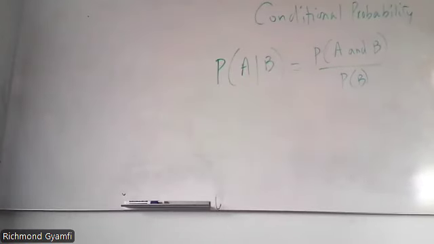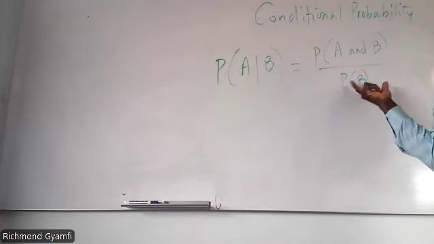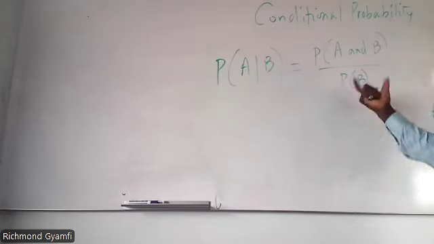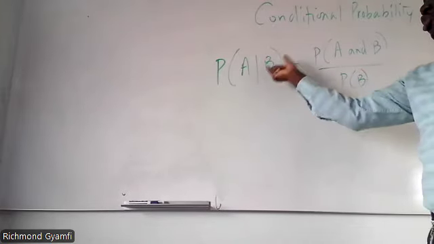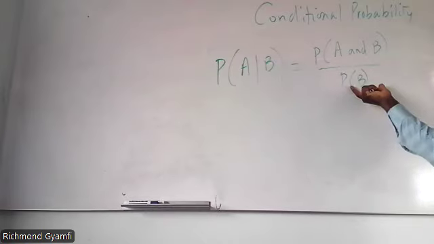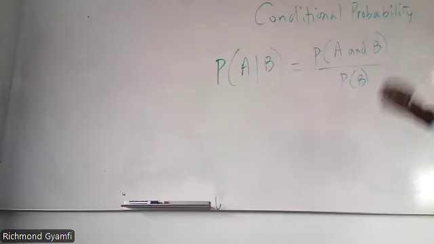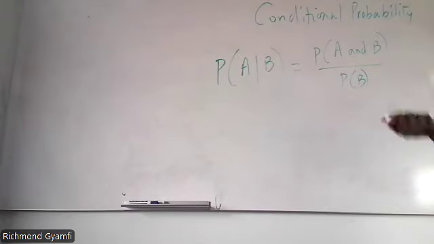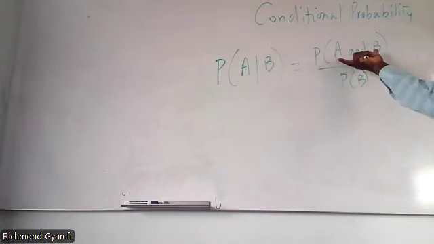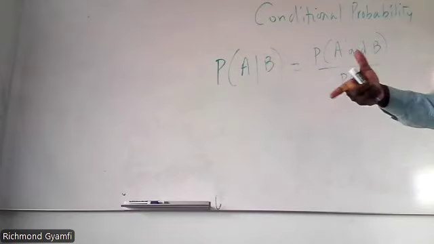Again, the reason why I put the probability of B at the bottom is that the rule says whatever is the condition, given that, put it at the bottom, and then A and B. So this really works fine when A and B are independent, because if A and B are independent, then this is what we just looked at.